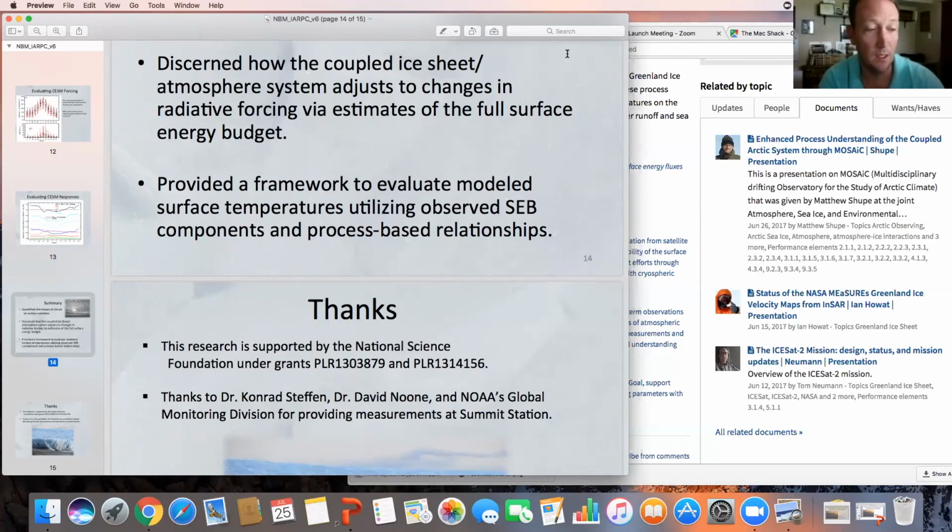But looking at the surface energy budget process, you can kind of isolate what radiation is reaching the surface, how the surface temperatures should respond, if that makes sense.